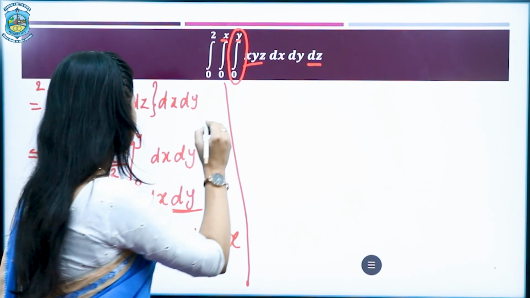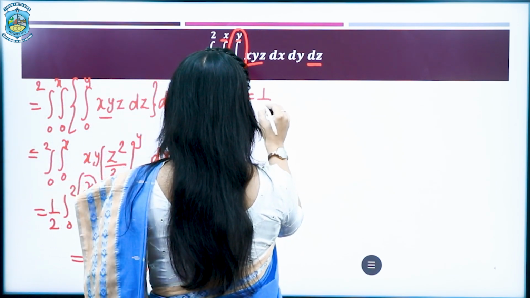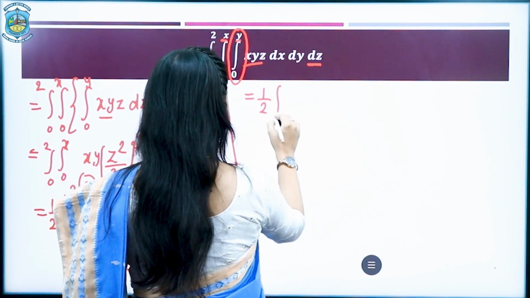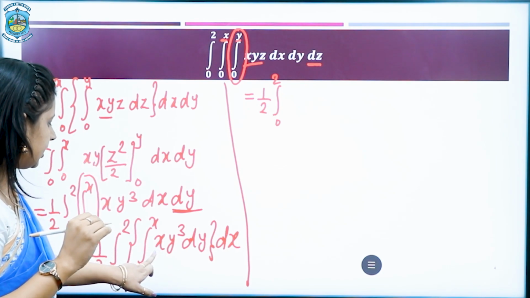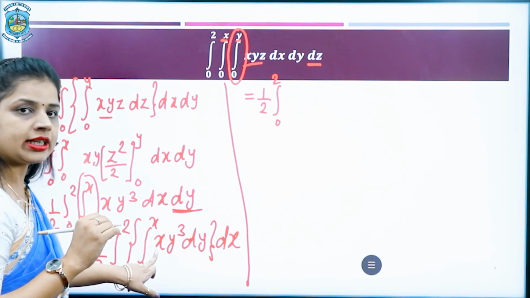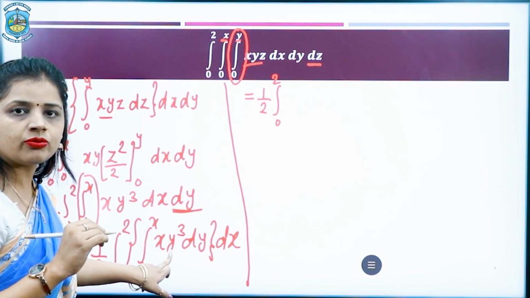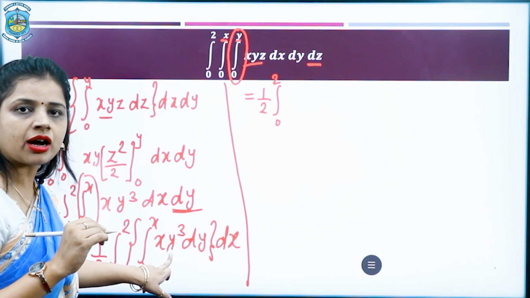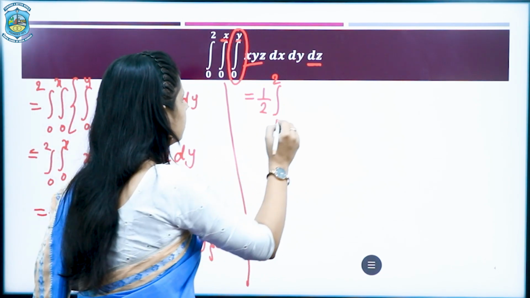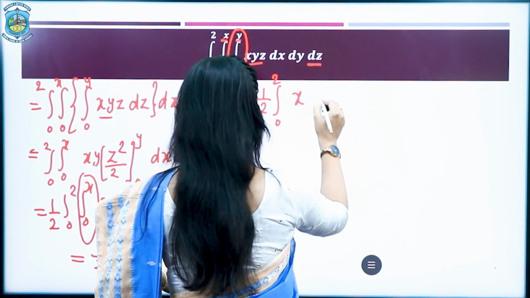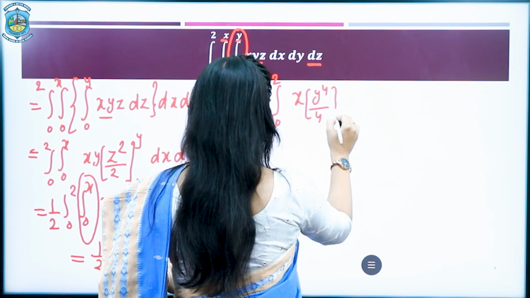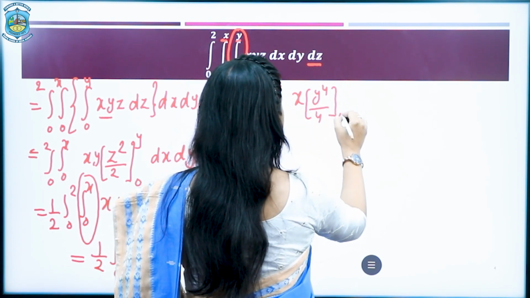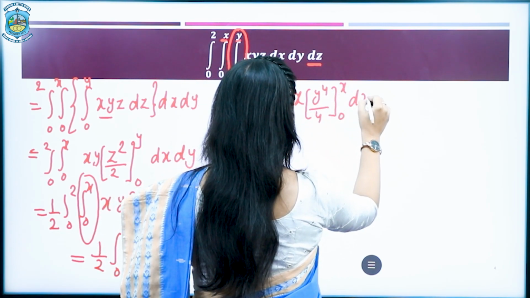Now, when we integrate, 1 by 2 as it is, integral 0 to 2, when we integrate this x is treated like a constant, and integration of y cube is y to the power 4 by 4. So, here we will get x, y to the power 4 by 4, and the limits are 0 to x.